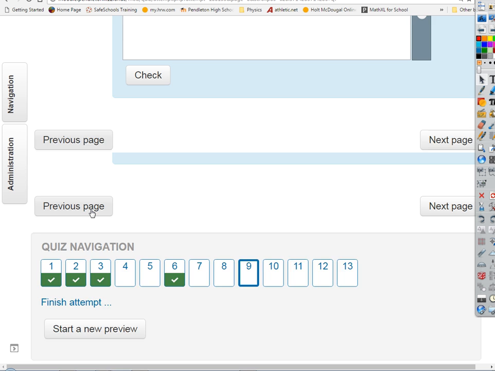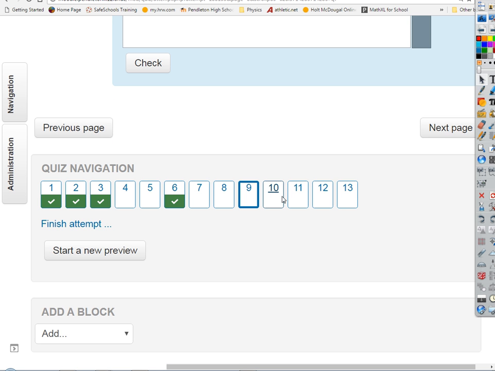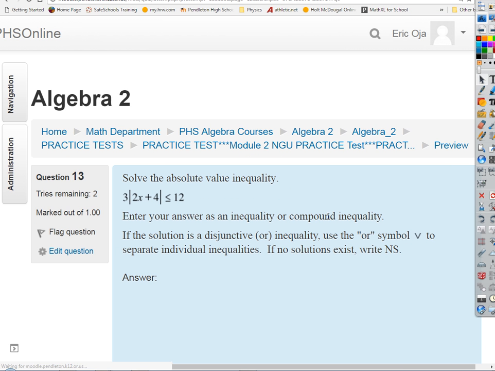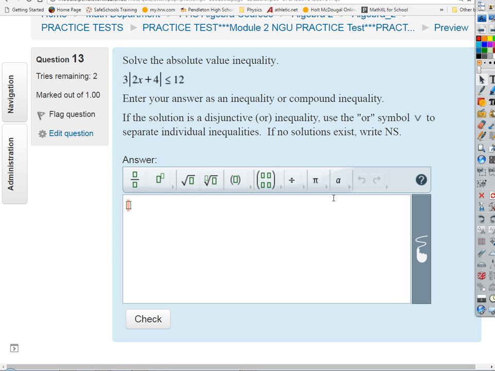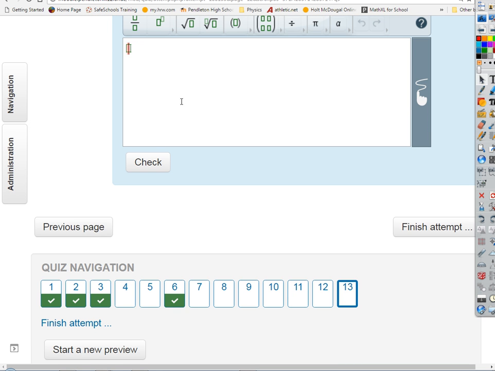I'm just going to jump right up to a little harder one. Like that, maybe? Yeah. Okay. Actually, I kind of want a different one. So you know I can redo these, right?